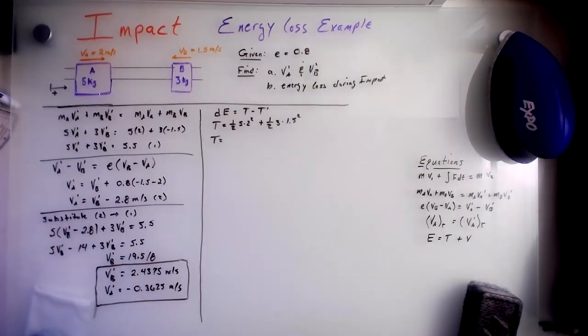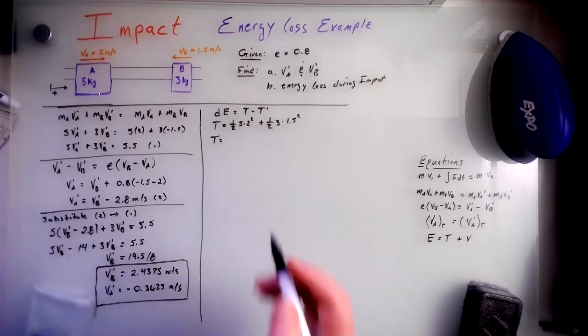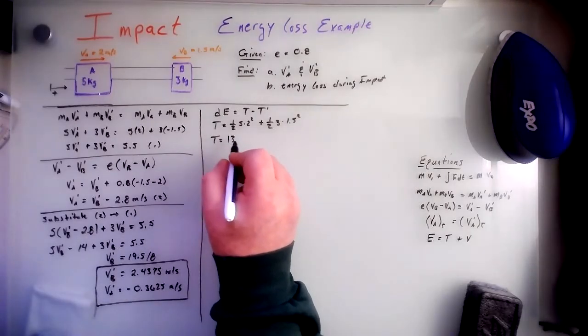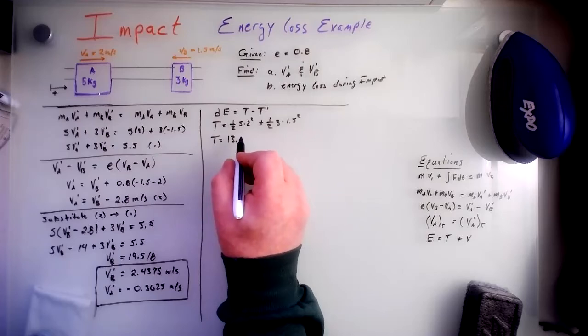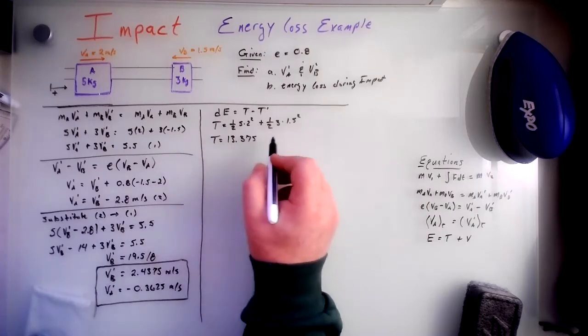Let's see, 1/2 times 5 times 2 squared is 10, plus 1/2 times 3 times 1.5 squared, and that is 13.375.